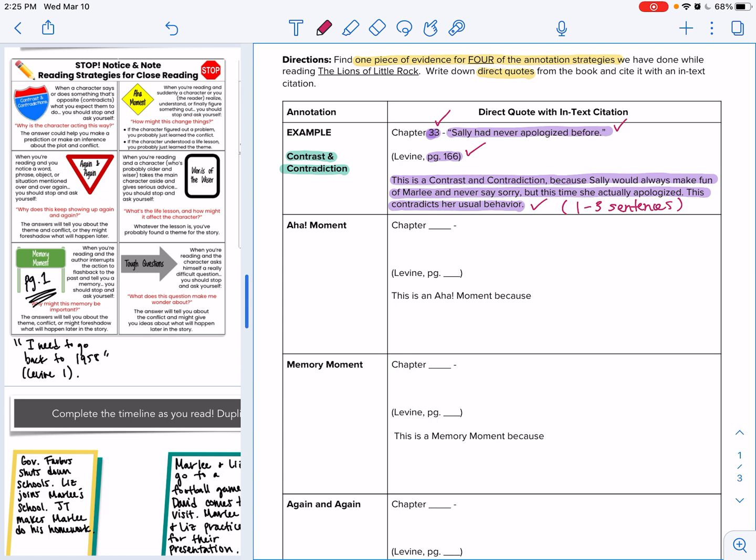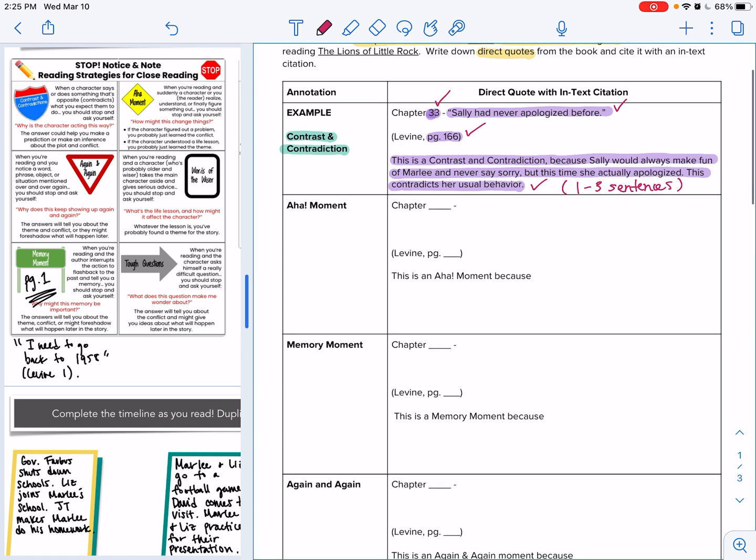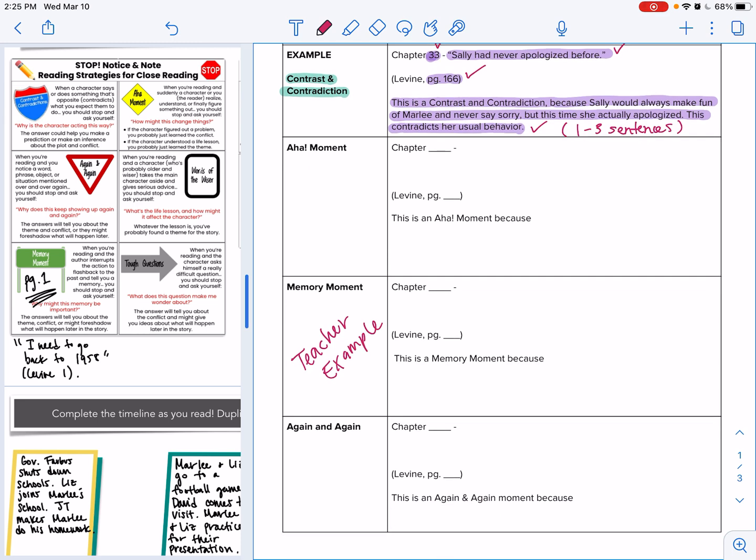I'm going to do one more example for you because we actually did the memory moment one in class. So this is going to be a teacher example. You will not use this as one of your 4. The only example of a memory moment in Lions of Little Rock was in chapter 1.